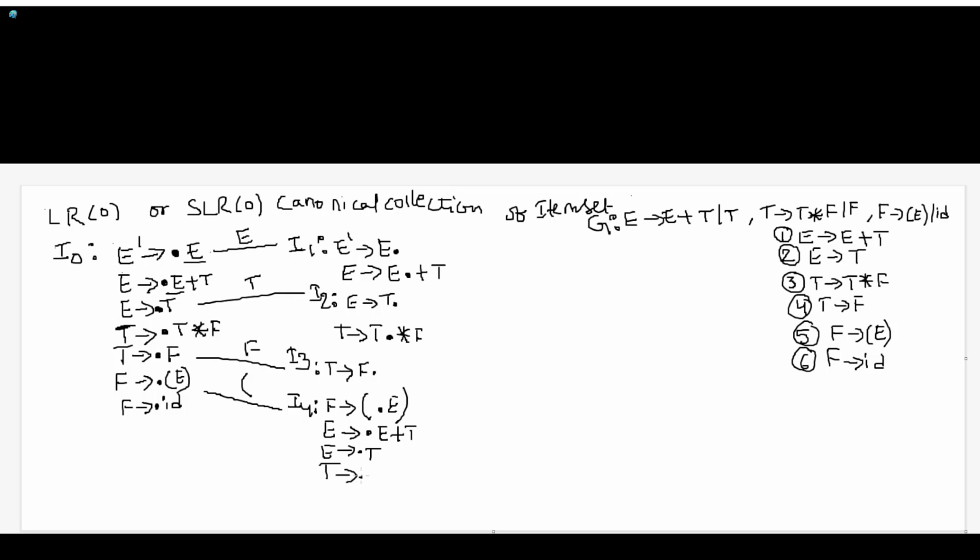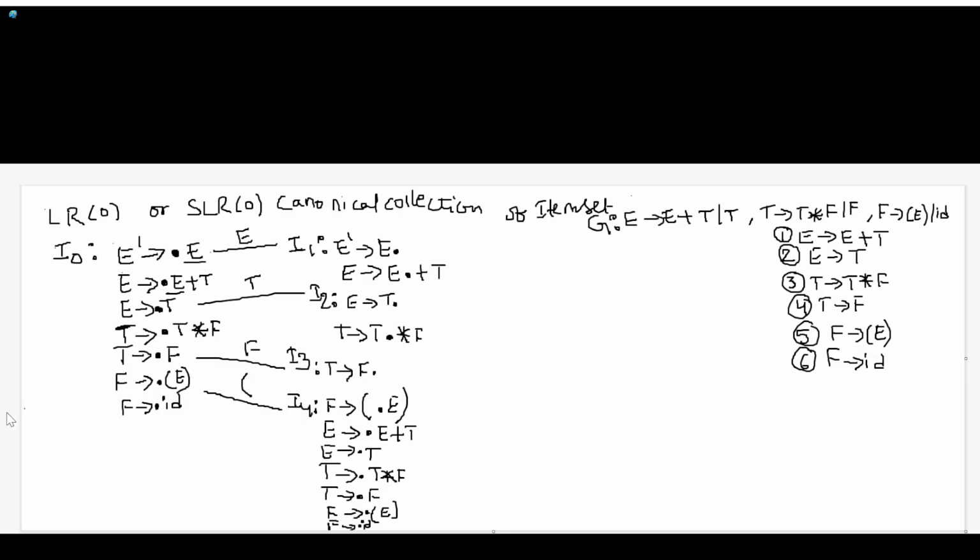What are the T productions? T derives dot T star F and T derives dot F. Again in the T we observed a new symbol, that is F. Include the F productions. What are the F productions? F derives dot open bracket E close bracket and finally F derives dot id.